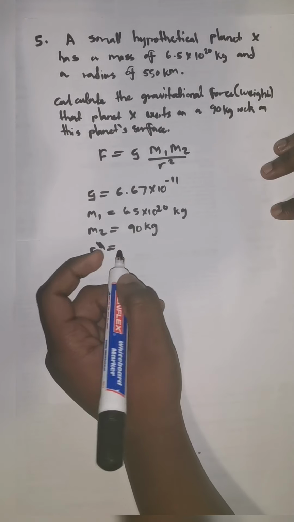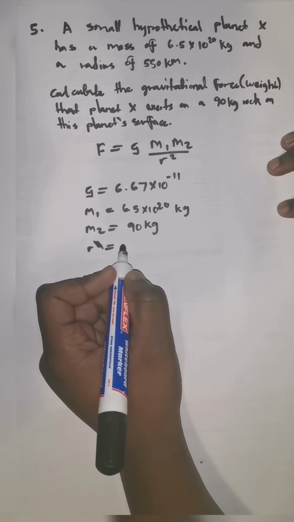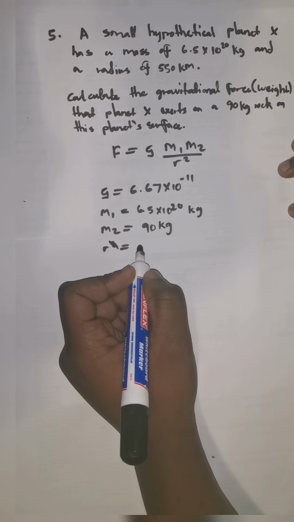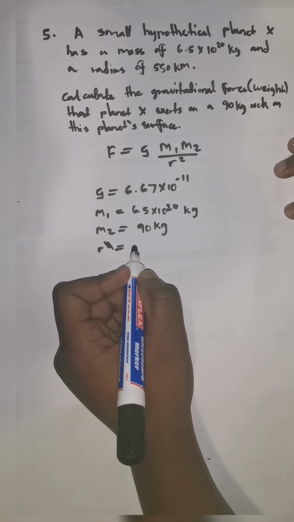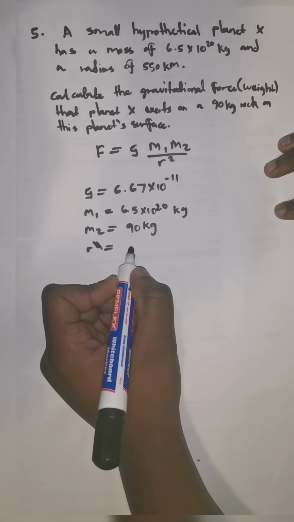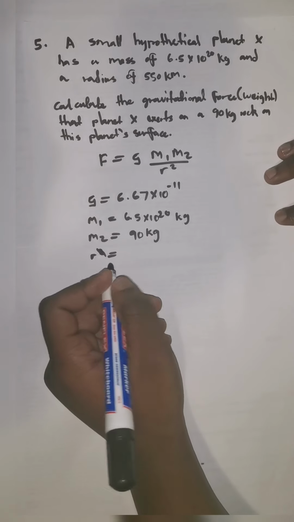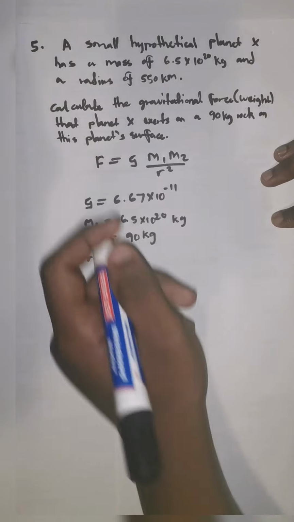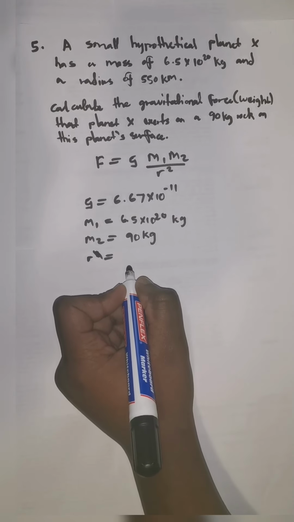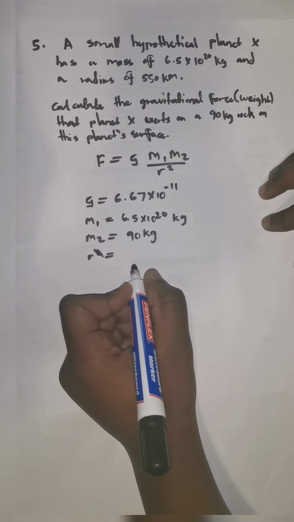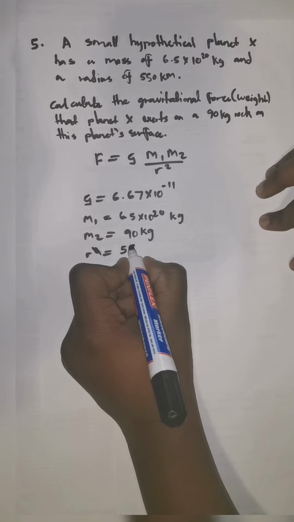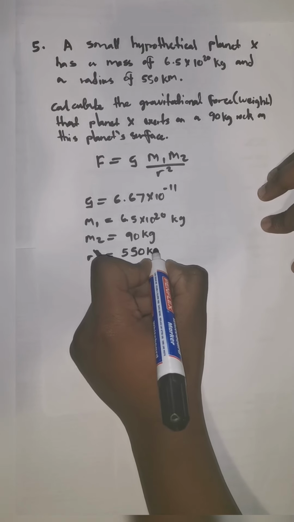Remember, we're told that the radius of the planet is 550 kilometers. So the radius is 550 kilometers, since the rock lies exactly on the planet's surface. So the distance between them would then be 550 kilometers.